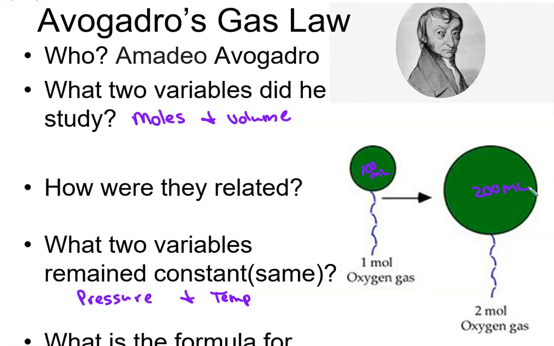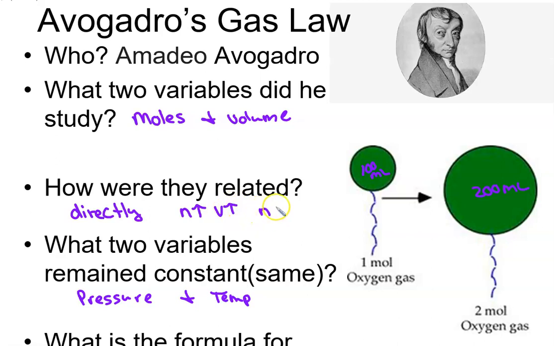Make perfect sense. Okay, so this is a direct proportion again, so these are directly related. The only one that is inversely related is Boyle. All the rest of them, if one goes up, the other thing goes up. So if you increase the moles, which is your letter N in the problem, your volume is also going to go up.